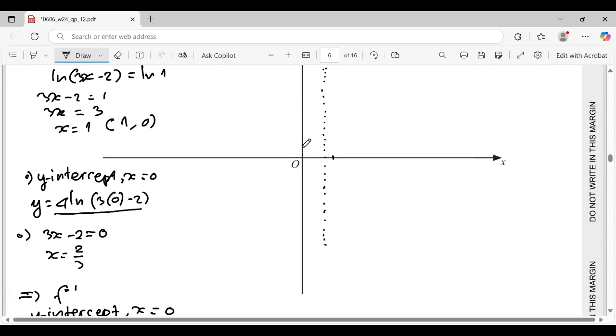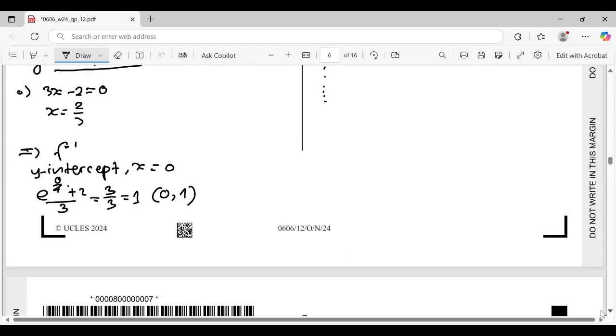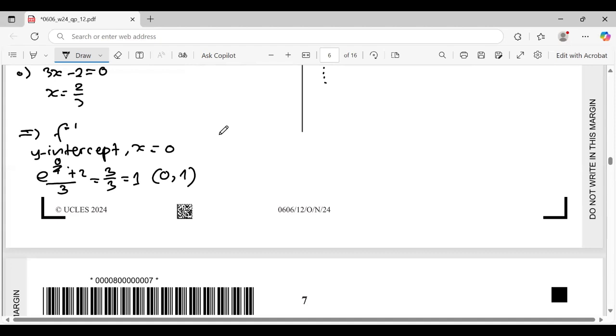And for the x-intercept, there is no result, so there is no x-intercept. For the horizontal asymptote, it occurs when e to the power x over 4 equals 0.